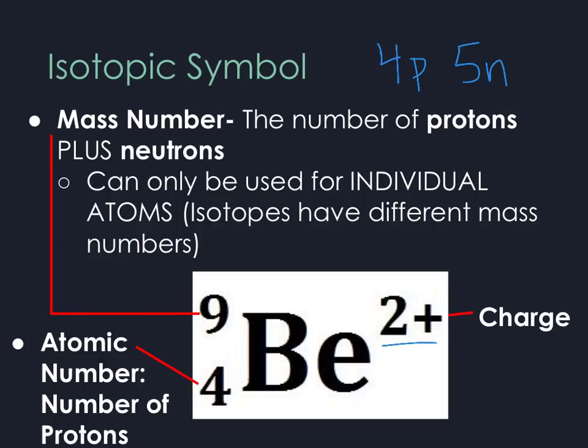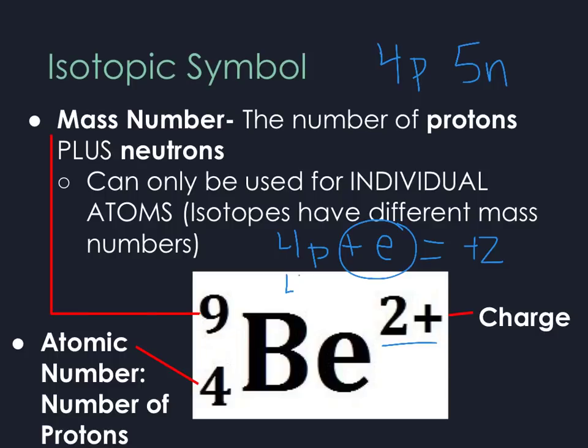So it says that this has a charge of +2. That means that we have more protons than electrons. So if I'm going to figure this out, I have 4 protons plus however many electrons equals +2. So that means I need to have 2 fewer electrons than protons.